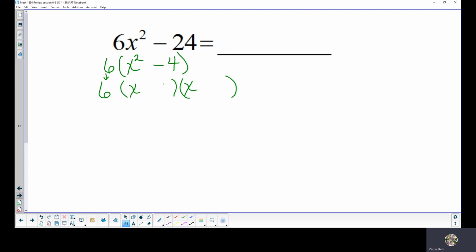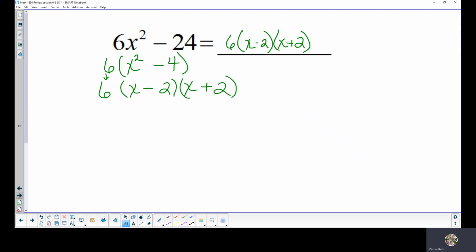What multiplies to give you 4 would be 2 and 2, and one of them needs to be a minus and the other one needs to be a positive. The order that I write the minus and the positive does not matter. It can be written in either order. So what will we do next? Well, that's the answer. 6 times x minus 2 times x plus 2.